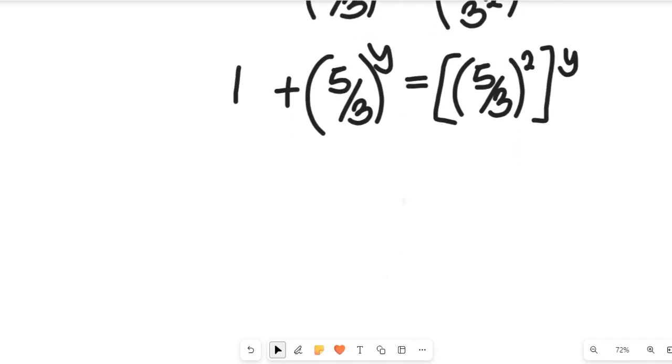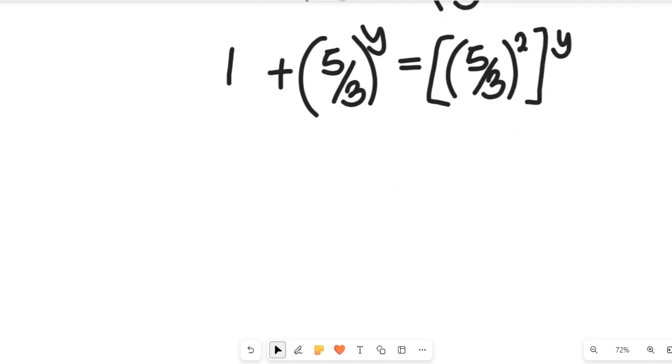Great. Now from this expression, you can see that 5 divided by 3 is a common expression.